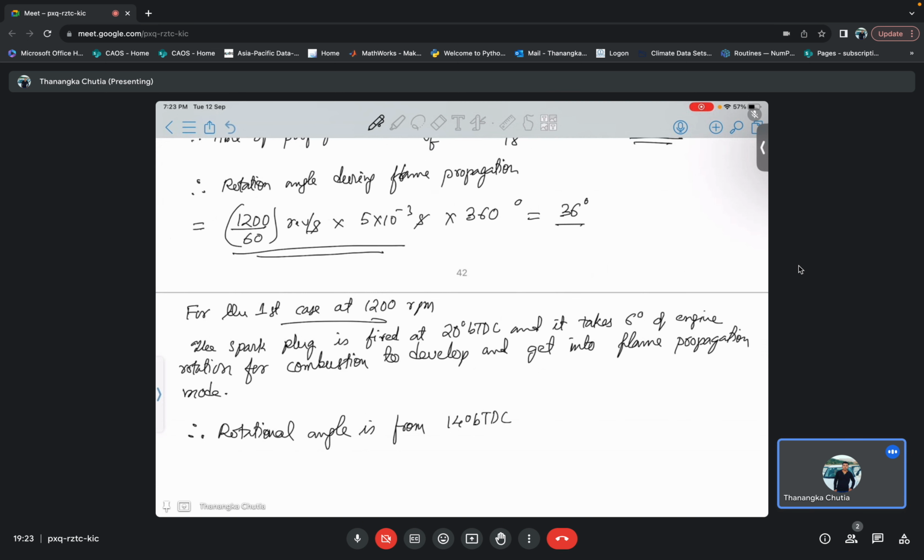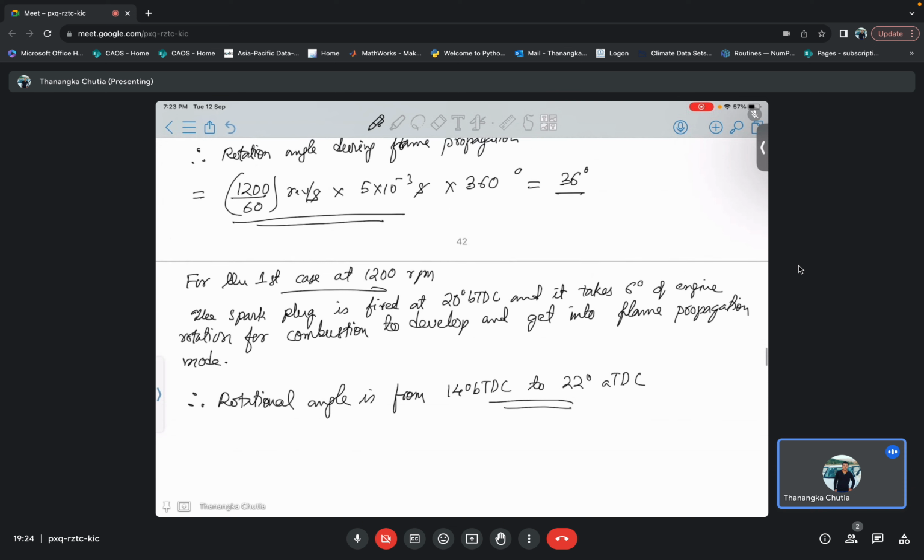Now the total is 36 degrees, so 14 degree, and after that you have to run for another 22 degrees, so this will be from 14 degree before TDC to 22 degree after TDC.